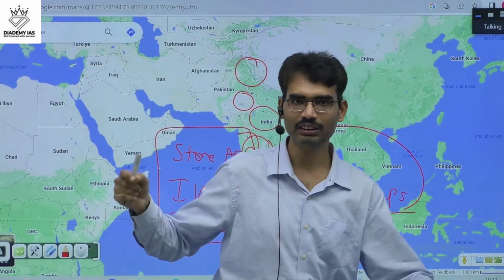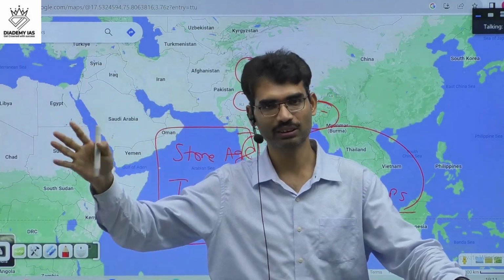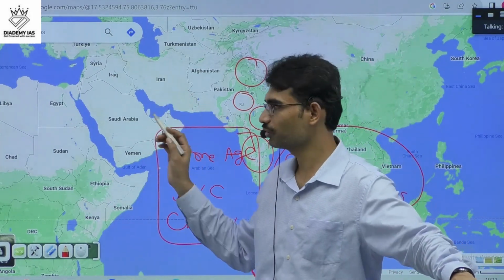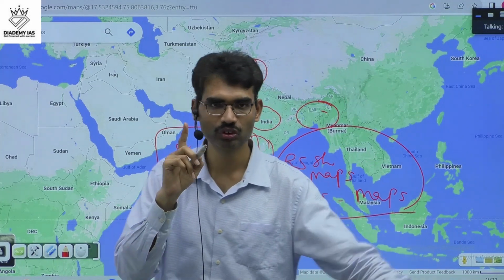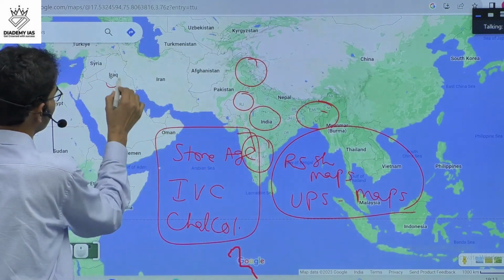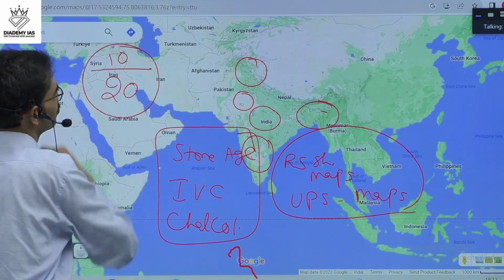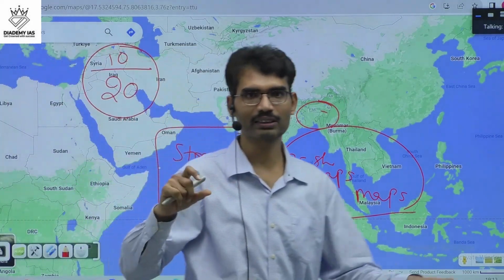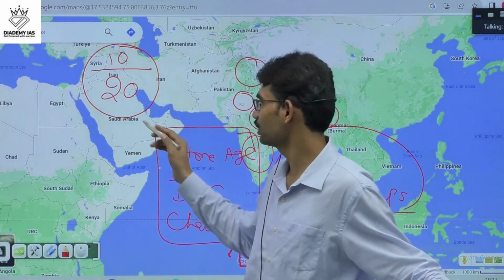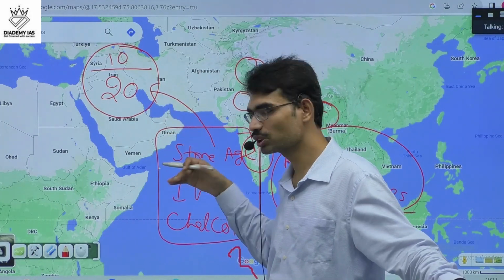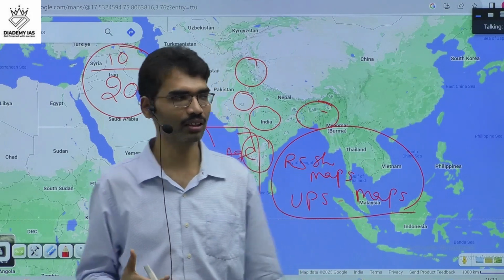In just 3 chapters, more than 50% of the sites will come. In the question also, out of 20 map marking sites, at least 10, 40 to 50%, you will get from this zone only. And this is the most difficult area also.